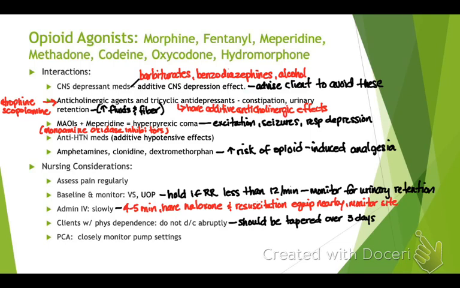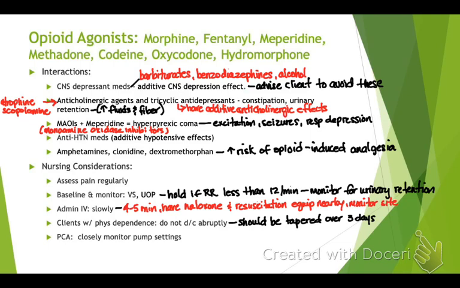Again, the parameter is if the respiratory rate is less than 12 breaths per minute, you want to notify the physician and stop giving the medication. You want to be able to monitor for urinary retention.